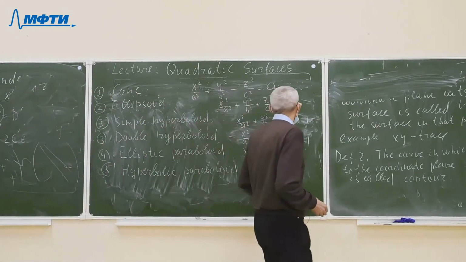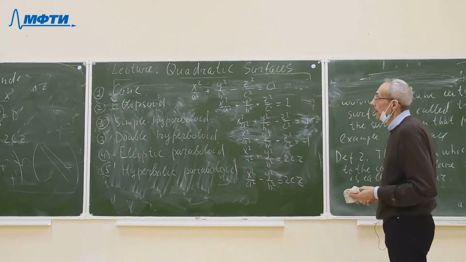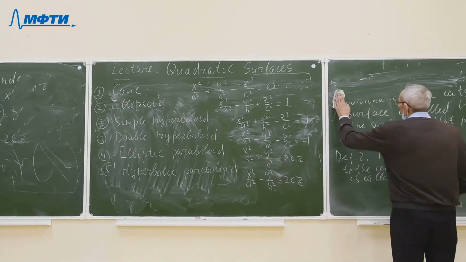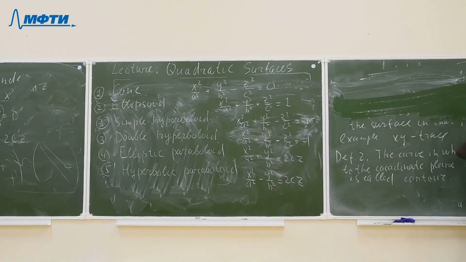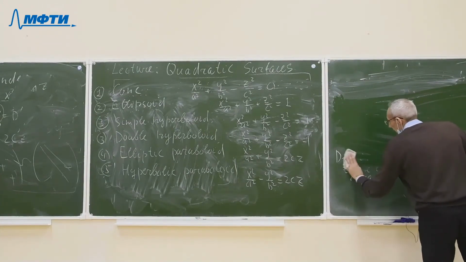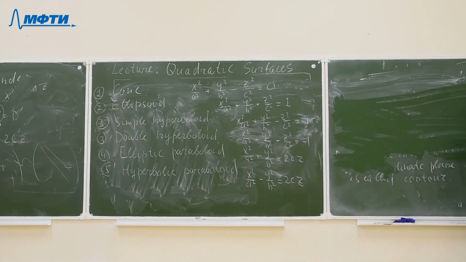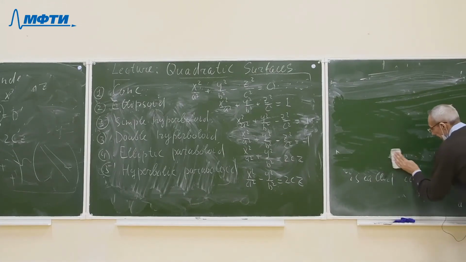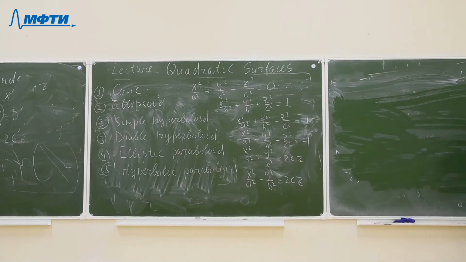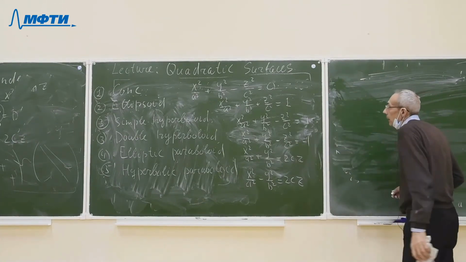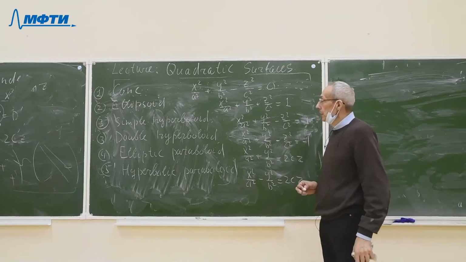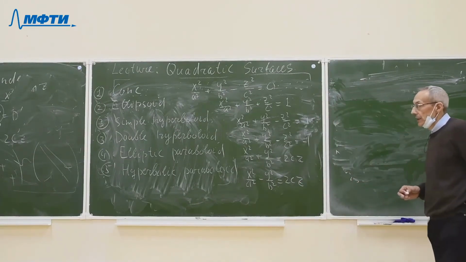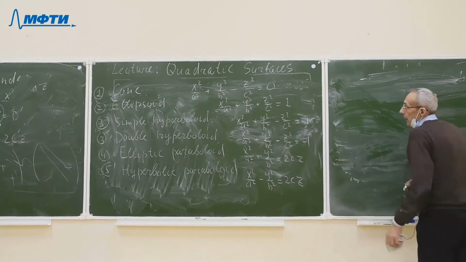Let's start from the first example, the cone. We will use the method of traces and contours.